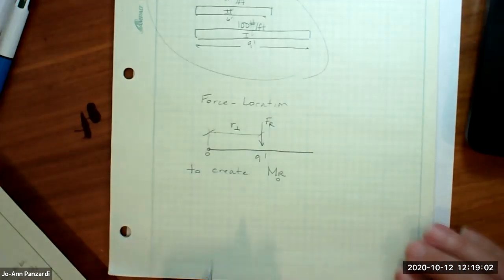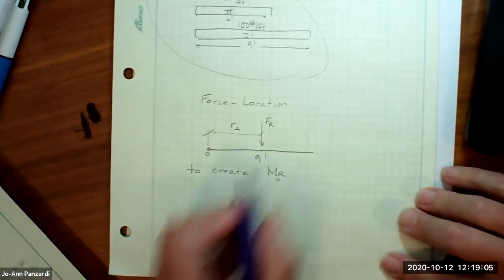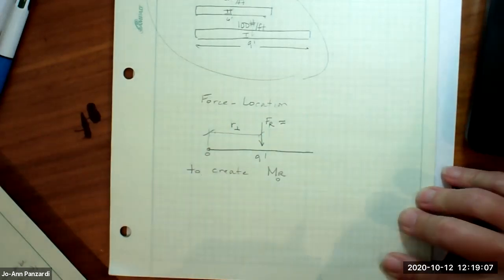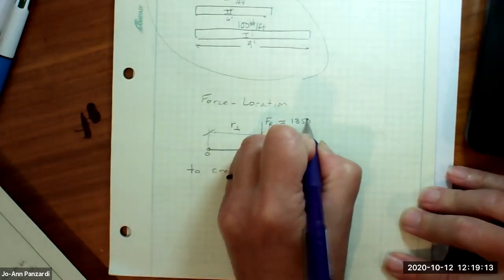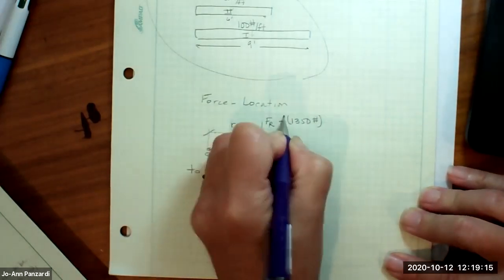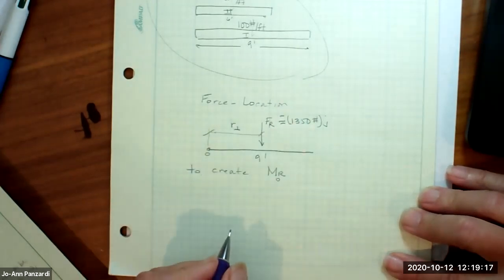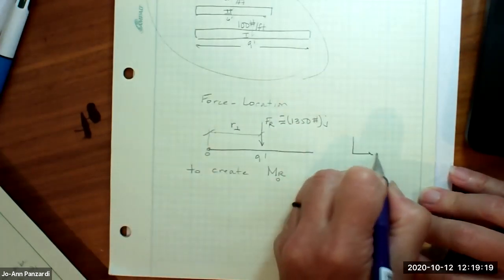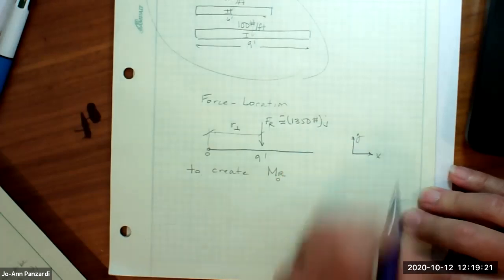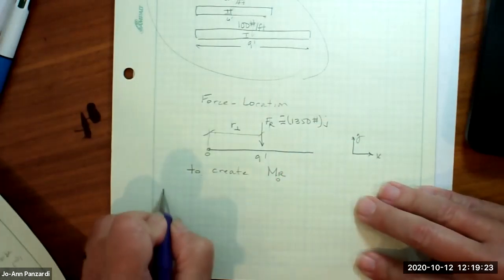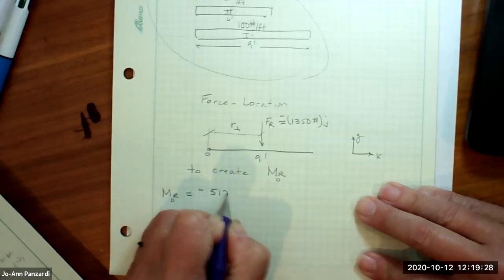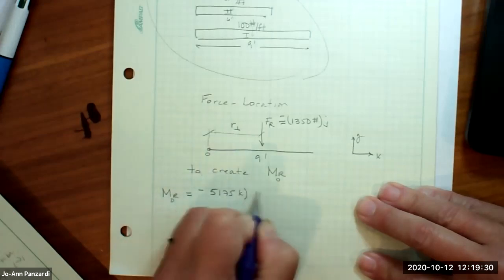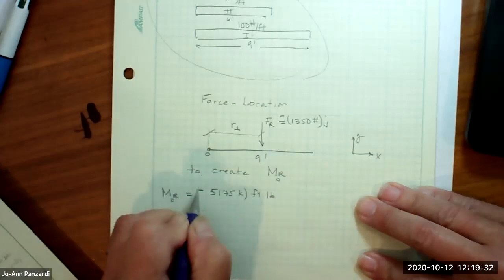And this perpendicular distance, the resultant force is 1350 pounds in the negative J, where X is here, Y is here. And the resultant moment turned out to be negative 5175 K foot-pound.